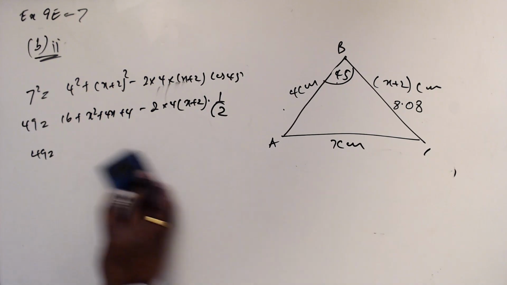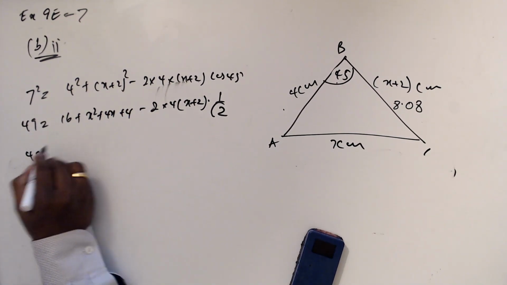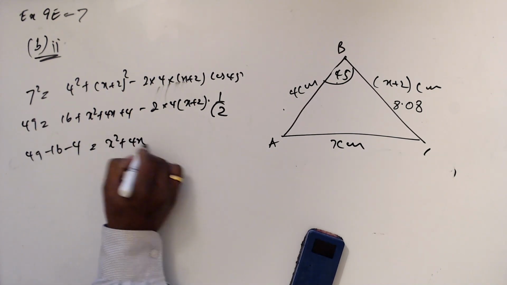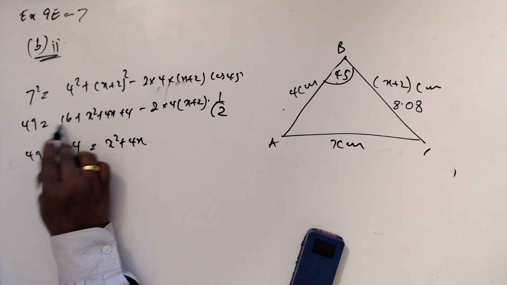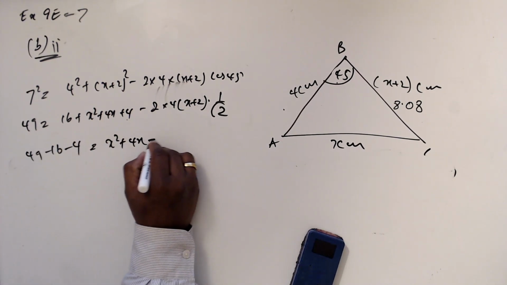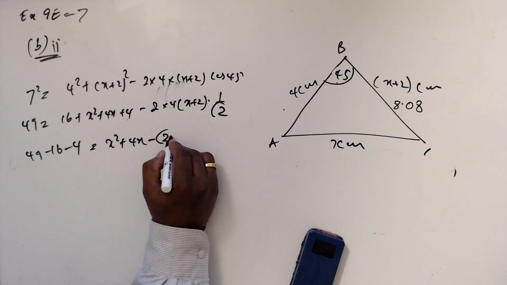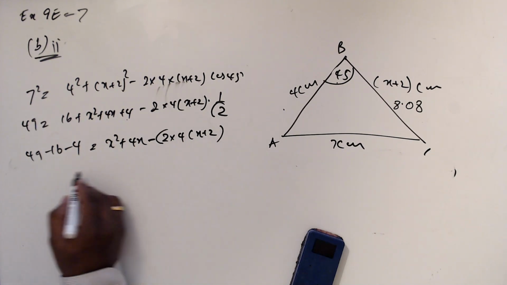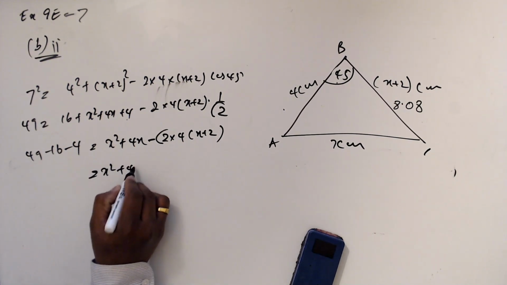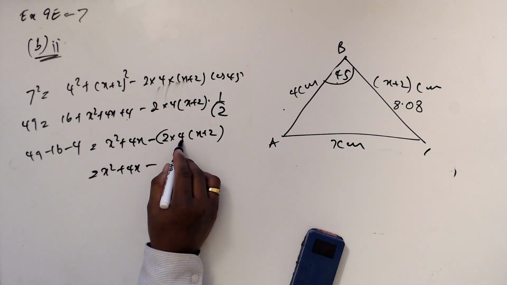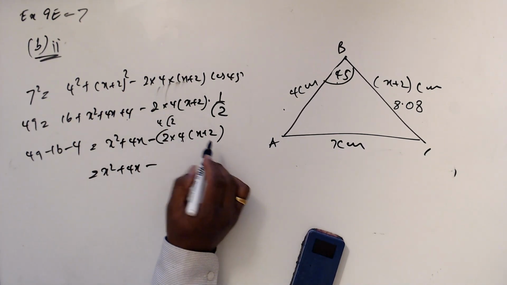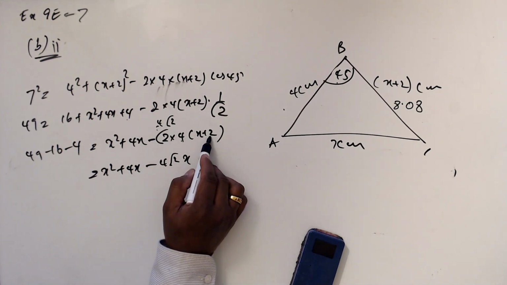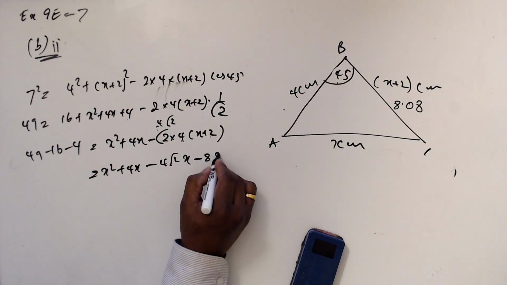49 minus 16 minus 4 equals x squared plus 4x, minus 4 square root 2 times x plus 2. So 4 square root 2 x and 4 times 2, 8, 8 square root 2.